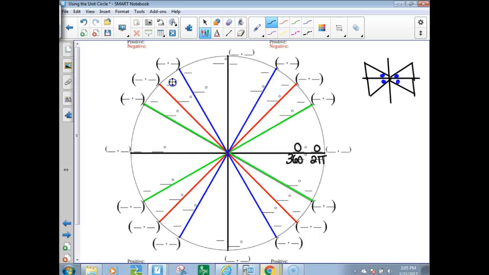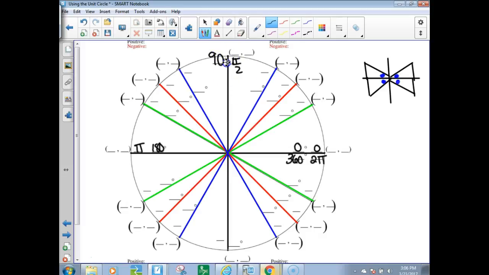Okay, let's go halfway around because that makes half of 360, 180, and half of 2 pi would be pi. I'm trying to show you a pattern for filling it out. So then we go, half of pi would be pi over 2, and half of 180 is 90. So that's at the top.